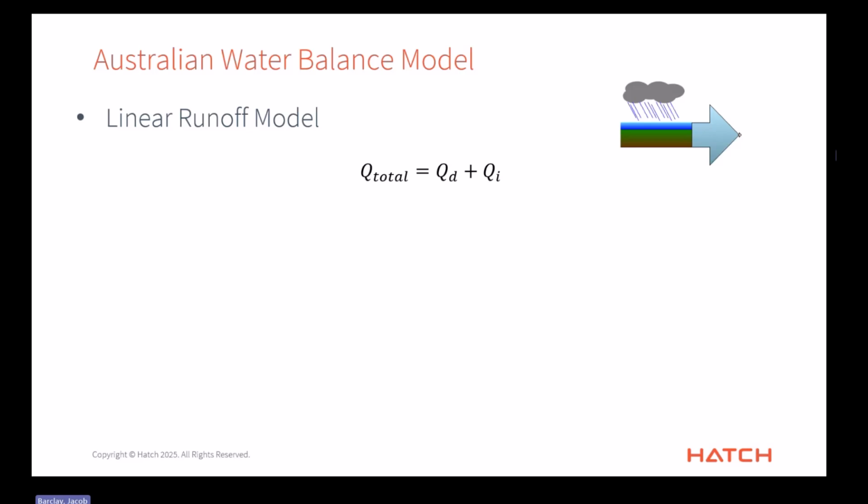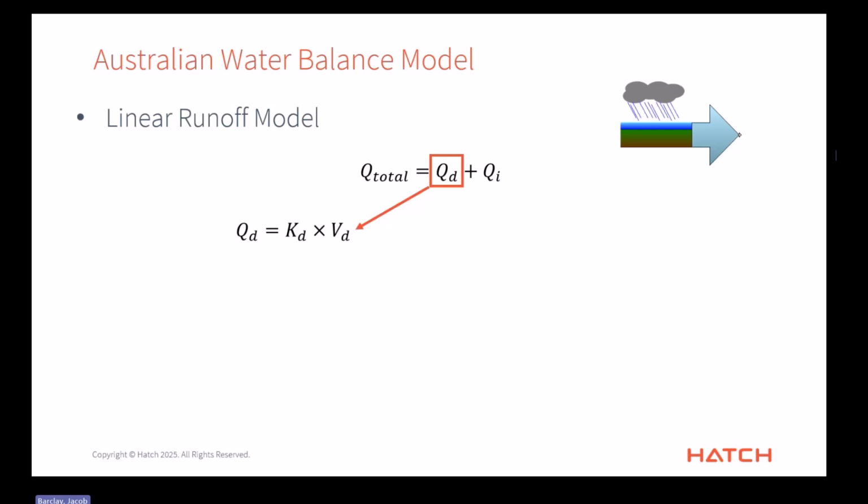To do that, we model the direct runoff as a first order decay equation, where we multiply the volume of the direct runoff reservoir by a direct runoff decay rate.